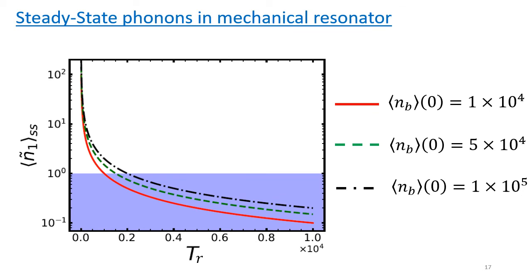Here we consider typical parameters of optomechanical systems, and three different sets of parameters associated with three different temperatures for the mechanical resonators, and these are the initial numbers of quanta we consider in the mechanical resonator. In this graph you can see that by increasing the temperature of one of the baths, we can cool our mechanical resonator near to the ground state. So this is the first important result.